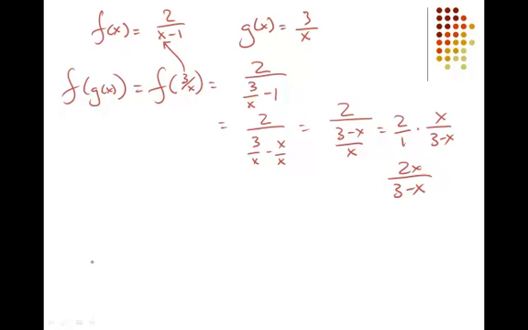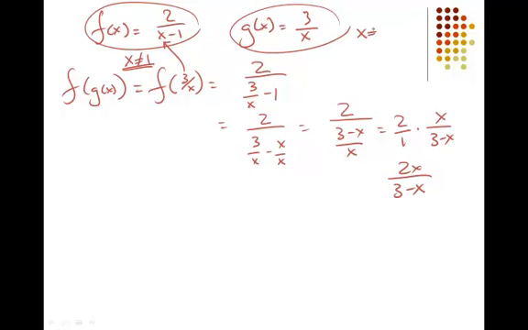Now let's go back and look at domains. The domain of this original function is all x values such that x does not equal 1. The domain of this function was x could not equal 0. Now, we have to make sure that this function also meets our restrictions.